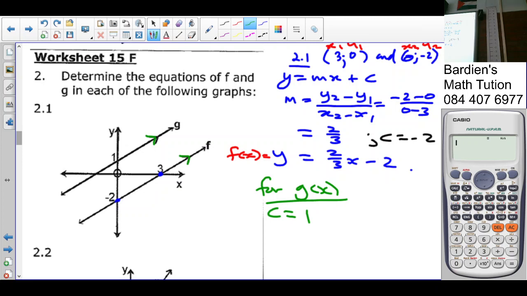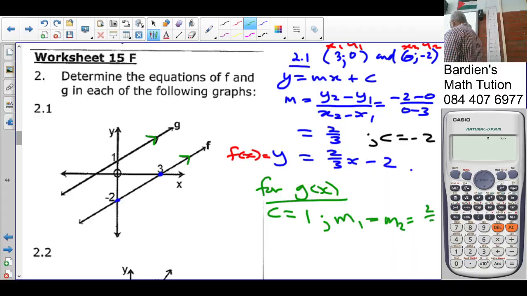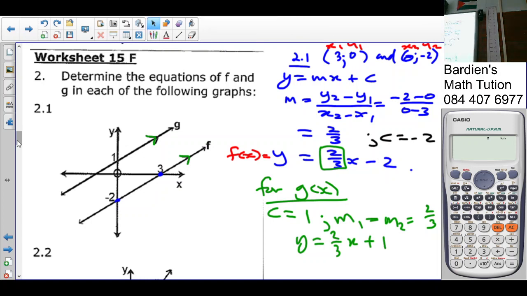What do we know? Gradients are equal. So gradient 1 is equal to gradient 2, which is 2 over 3. Why? Because that was the gradient of the other graph, f. Can you see that, people? So y is equal to 2 over 3x plus 1. Okay?